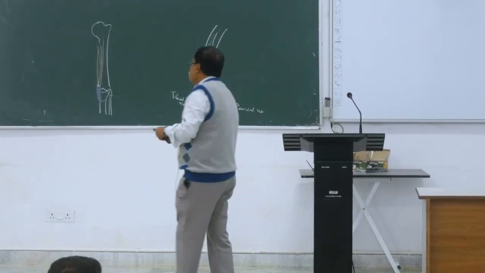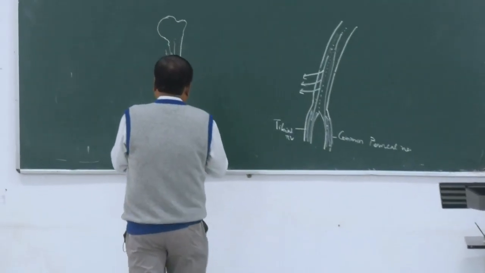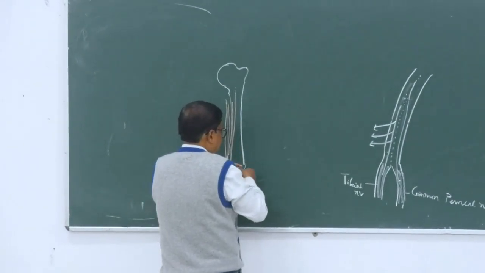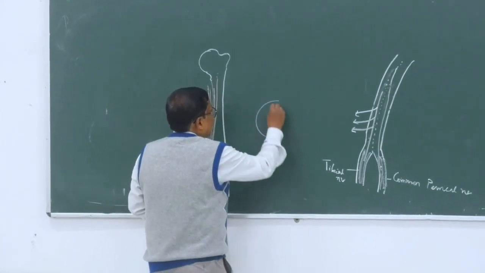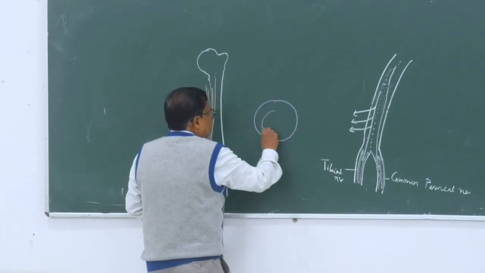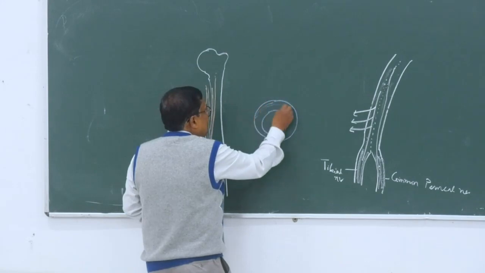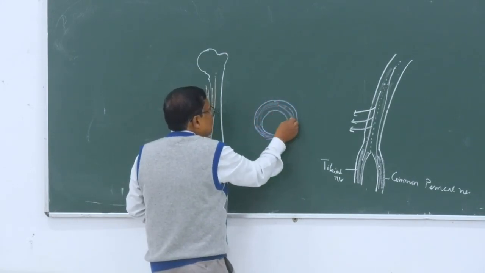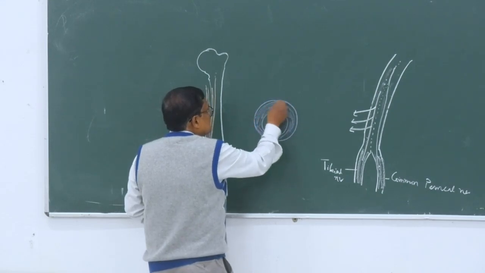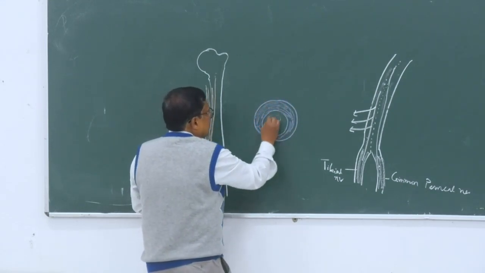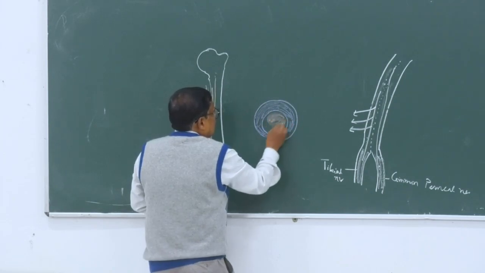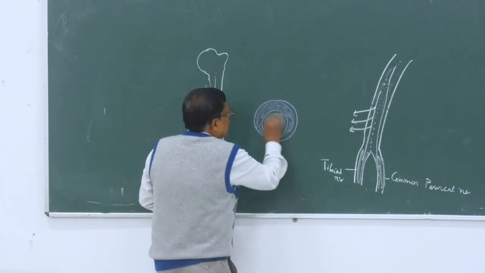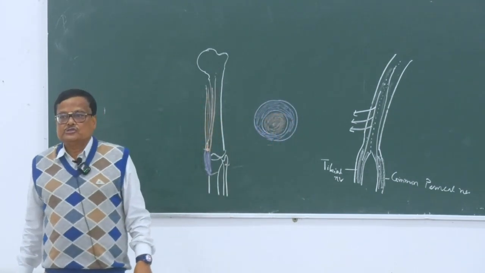This intervertebral disc has an outer fibrocartilaginous component known as the annulus fibrosus, and an inner jelly-like material we call the nucleus pulposus.